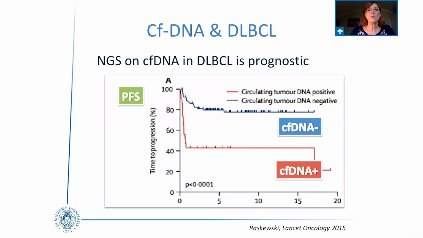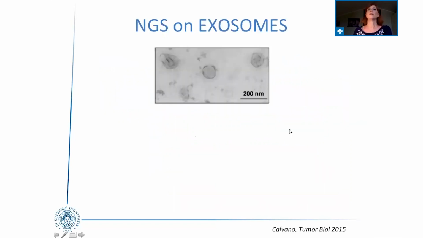The so-called third compartment, plasma, can be relevant when we use NGS for assessing MRD on cell-free DNA. And you can see here the progression-free survival curves when we use NGS for testing MRD on cell-free DNA. And another interesting target can be exosomes.